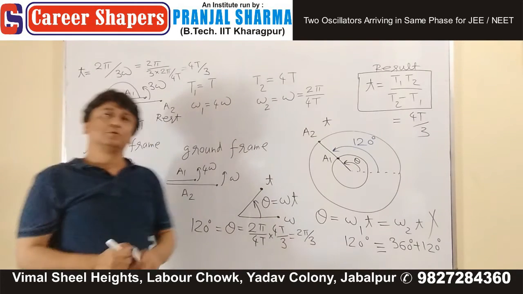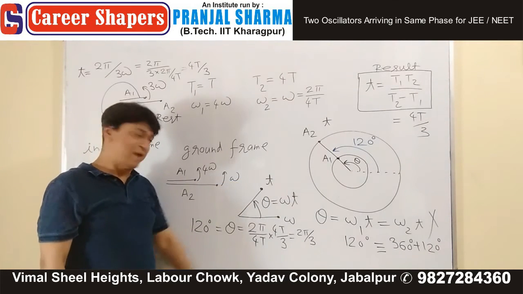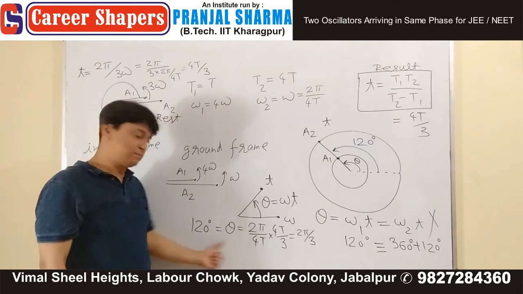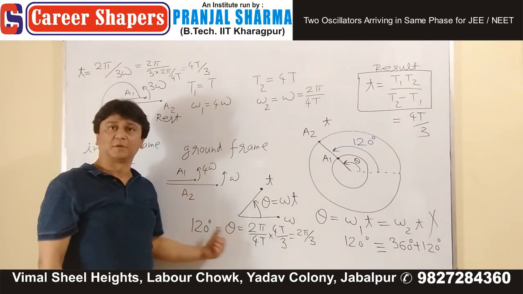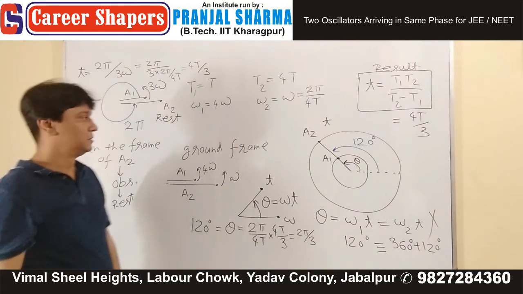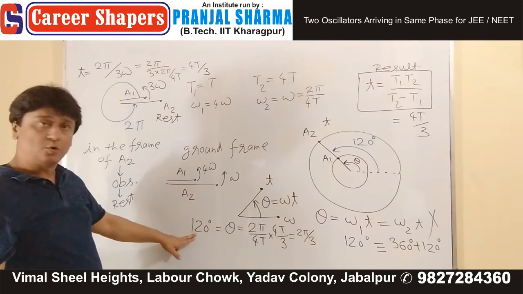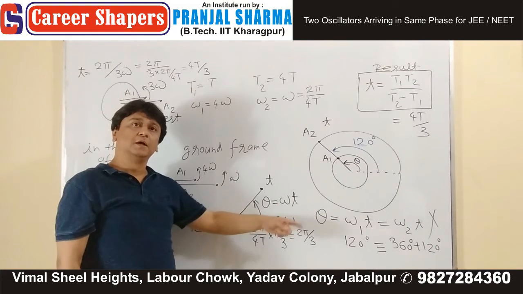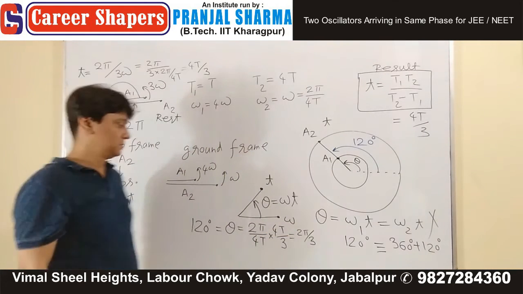So I just took that value randomly, and you found that that is also the correct one. So theta is coming what? 120. So the slower rod has only completed 120, whereas the faster one has completed 360 plus 120.